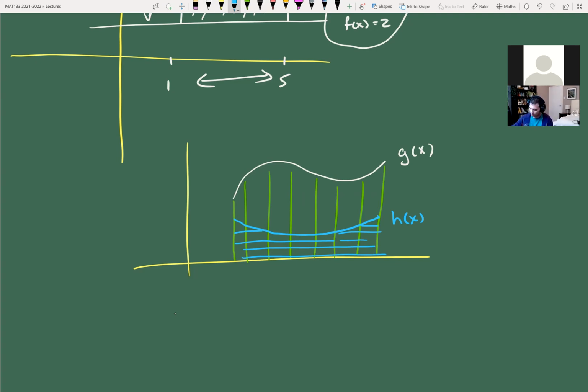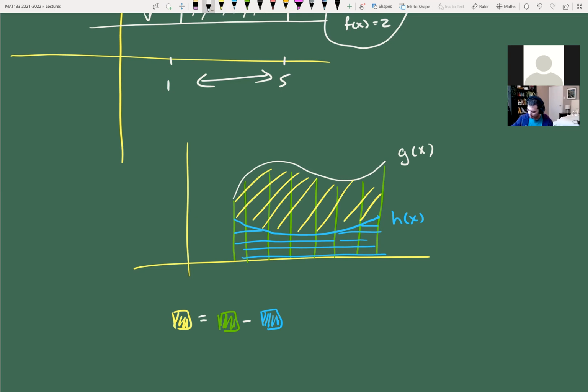Does that make sense? If I want this stuff, there's too many colors here, but if I want the yellow stuff, the yellow is equal to the green stuff minus the blue stuff.